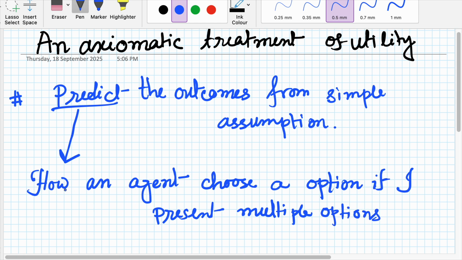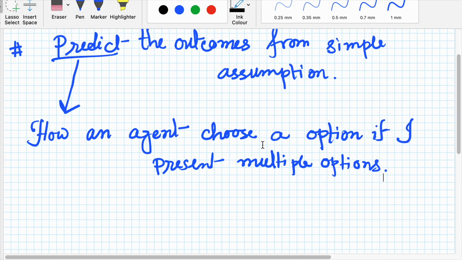So prediction means what option an agent will choose if I present multiple options, from some simple-looking assumptions.